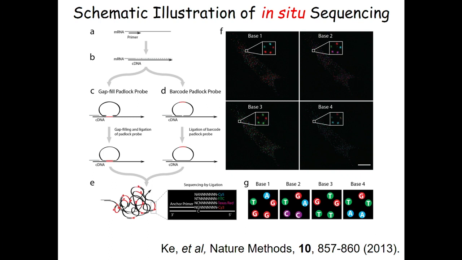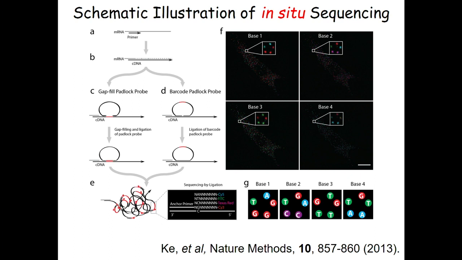So sequencing by ligation works much like Illumina sequencing, in that you have a base-specific incorporation of a fluorescent dye, but using a ligase instead of a polymerase to do that. And then you take this through an iteration of biochemistry steps where you incorporate fluorescence in a base-specific way.